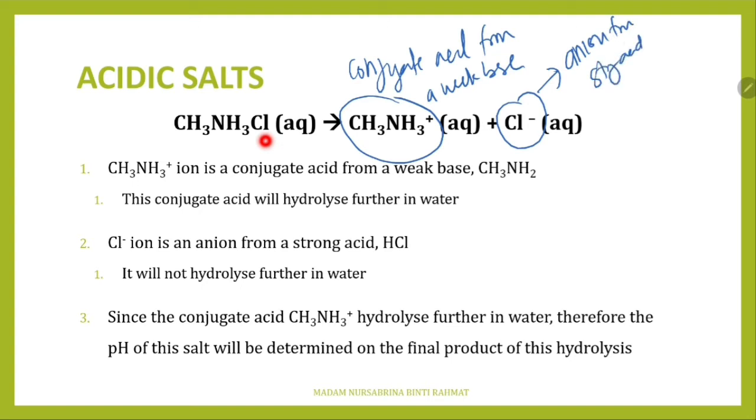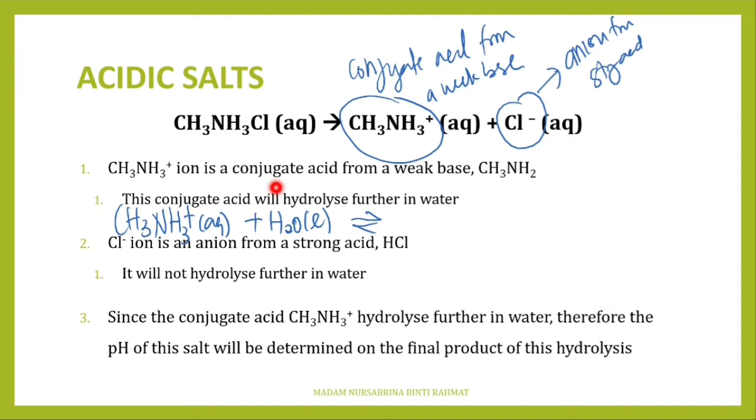Your conjugate acid will hydrolyze further in water. How does it hydrolyze? CH3NH3+ plus water. It will act as an acid, meaning your conjugate acid will donate H+ to H2O.